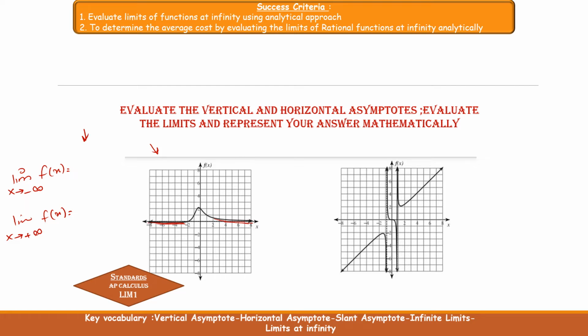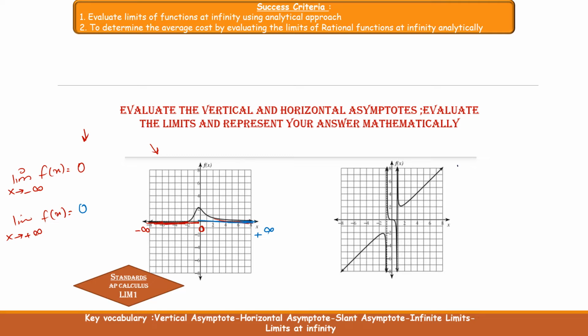When x is approaching negative infinity, the y value is 0. From the right side, when x is approaching positive infinity, again the value is equal to 0. In the first graph, we can't see any vertical asymptote, so no need to write anything.